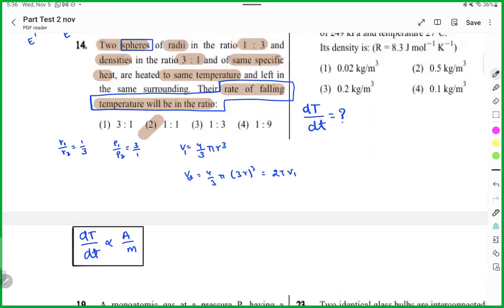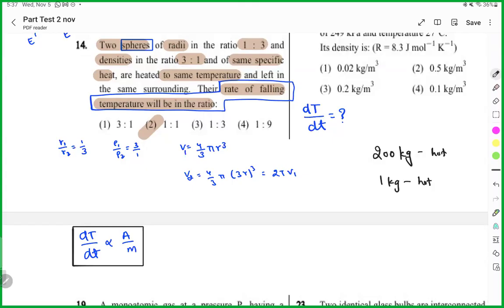Formula is this: rate of falling of temperature will directly depend upon the area. More area, fast cooling. More mass, less cooling. Example: if you have a 200 kg hot container and a 1 kg hot container, which one will cool down fast? Anvita, we have two containers, one of 200 kg mass and the second 1 kg.